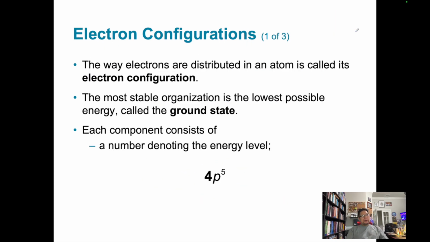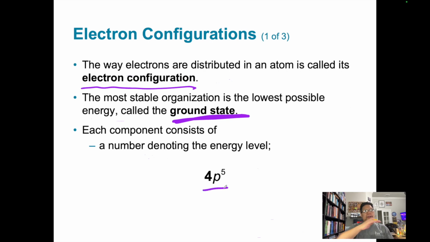So now let's talk about electron configuration. What is electron configuration? The electron configuration is how we distribute electrons in the orbitals of atoms. The lowest possible is of course called the ground state. We've talked about that before. We have three parts of an electron configuration here.